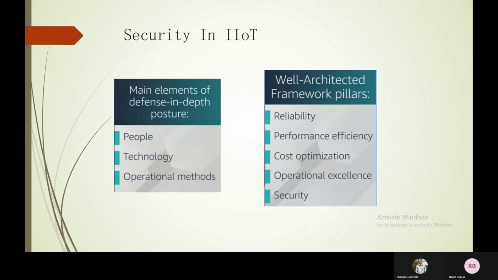Well-Architected Framework pillars. The Well-Architected Framework is a framework created by AWS that contains five pillars, which are reliability, performance efficiency, cost optimization, operational excellence, and security.